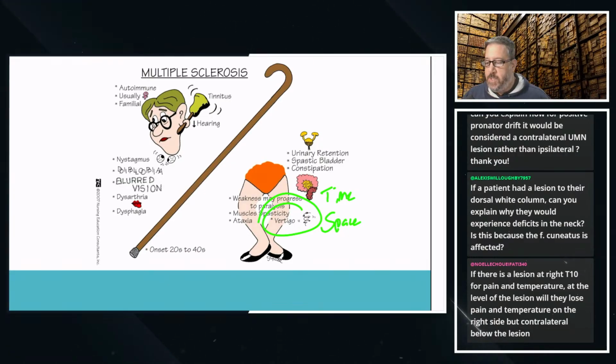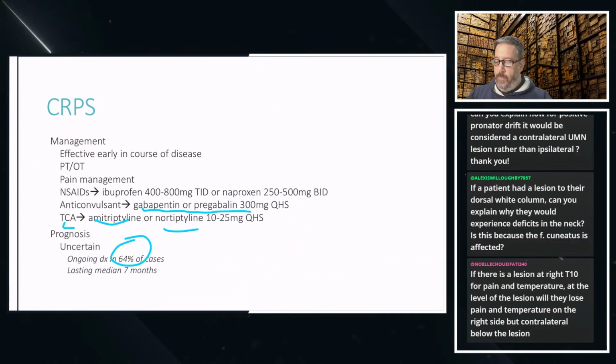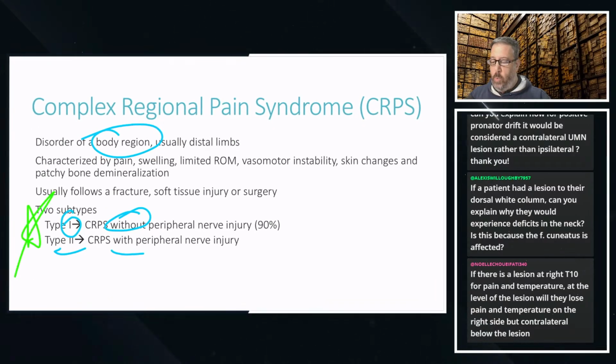The big thing for CRPS is basically understanding type 1 versus type 2. Understand the big thing is pain out of proportion, where you look at their exam, and they don't seem to be in that much pain, but they're in a lot of pain.